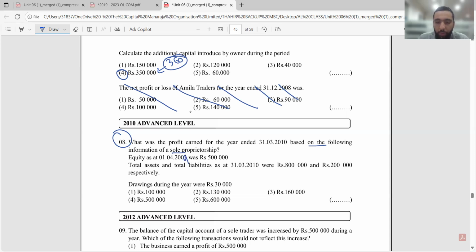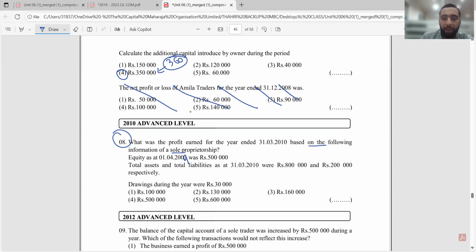Ashini is saying number 4. Let's see what Ziana is saying. Okay.